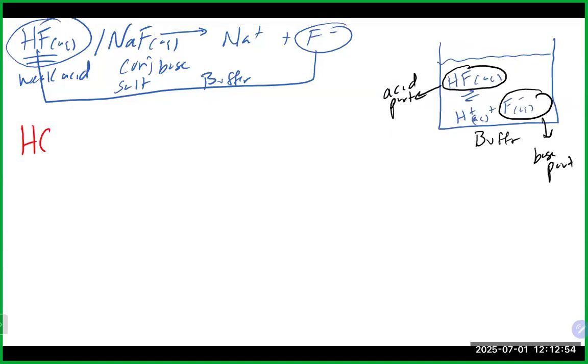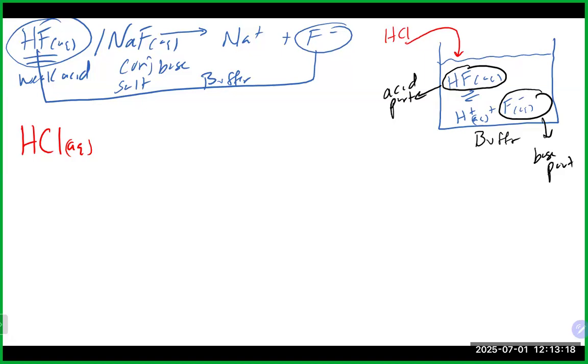hydrochloric acid and add it to my buffer here? So if I take my HCl and I add it to my buffer, the HCl is going to react with the HF or the NaF. Which one will it react with? HCl is an acid, and the reactions are called acid-base reactions.